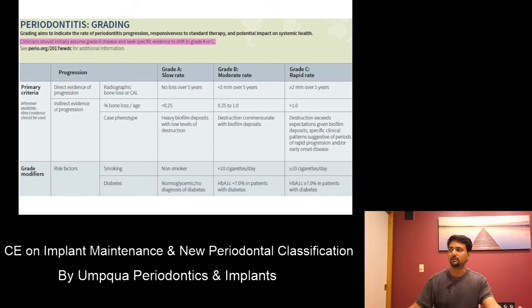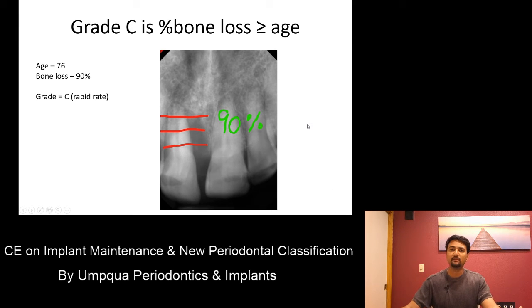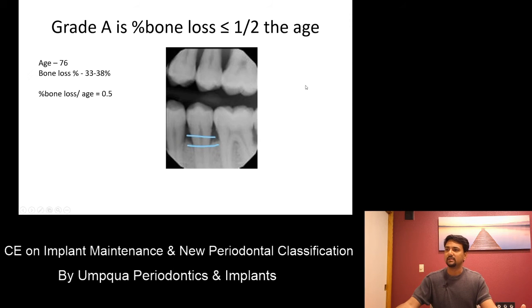Using the indirect evidence, if for example in this case the bone loss is clearly up to the apex of the tooth, so about 90%, so the percentage of bone loss is more than the age of the patient, that makes it a grade C. If the percentage of bone loss is half or less than the age of the patient, then it makes it grade A, the other extreme of the spectrum.